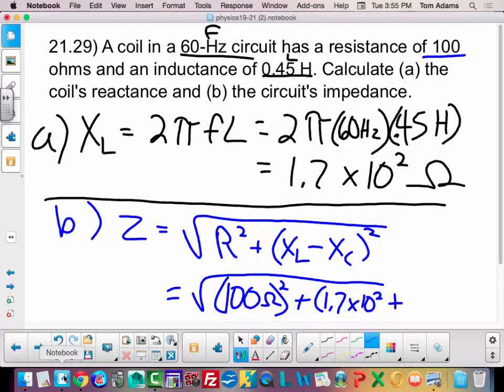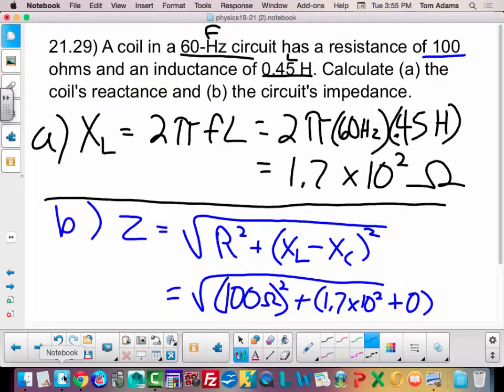And then I'm going to assume, because it's a coil, that the capacitive reactance would be 0, right? And the unit for that is ohms.